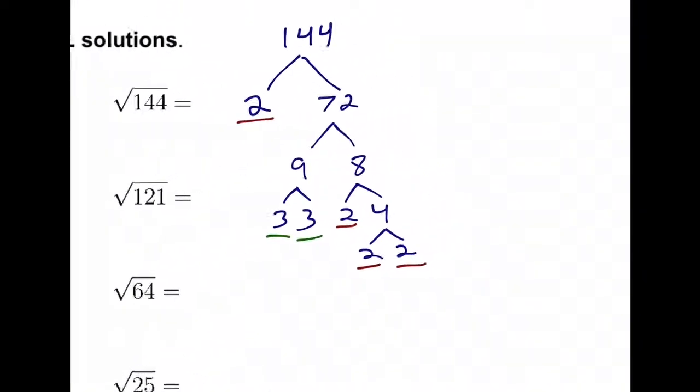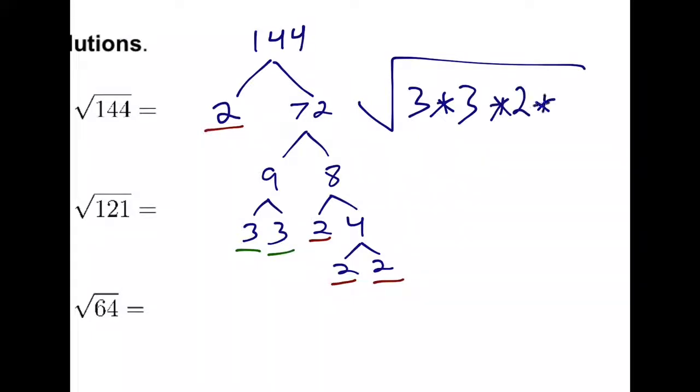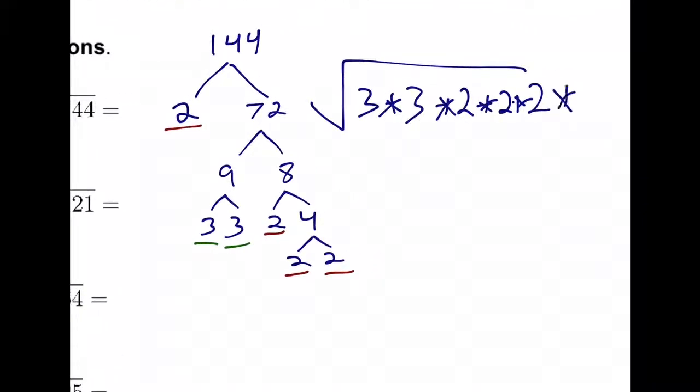So if we want to think about the square root of 144 as the square root of 3 times 3 times 2 times 2 times 2 times 2, this is the prime factorization, or 144 broken into only prime factors.